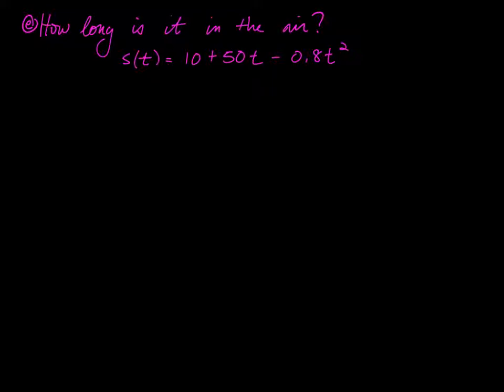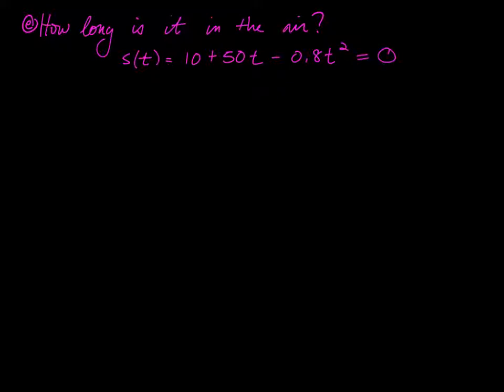In other words, how long is the rocket in the air? Well, we know it starts at time 0. If you want to find how long it was in the air, you need to find where this function equals 0.